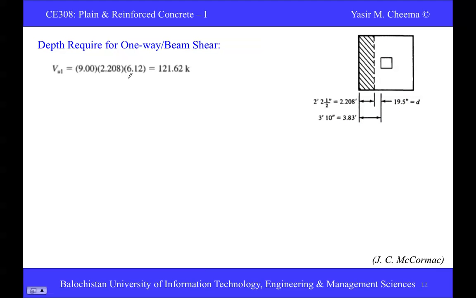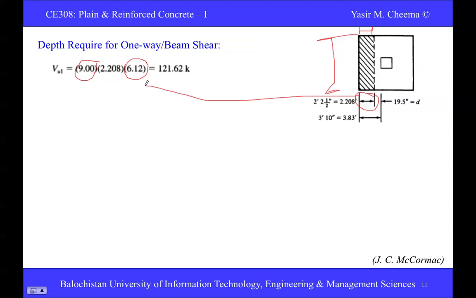Now again, using the same concept, Qu multiplied by the hatched area. The hatched area is 9 foot in this dimension, and the other dimension, calculated over here, is 2.208 foot.